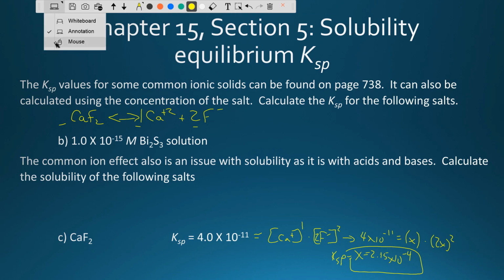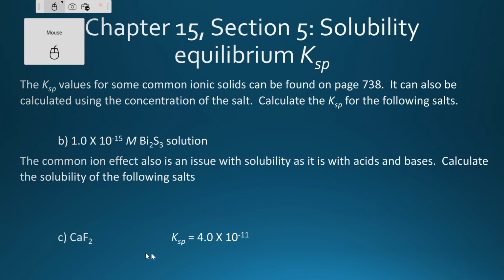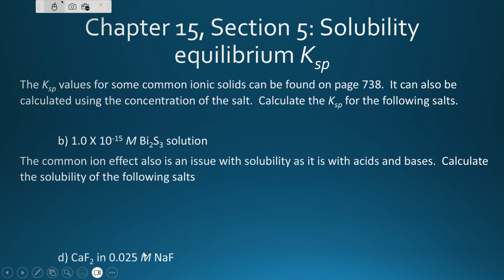Okay, so that's finding it for my calcium fluoride. Now let's do the next step that we did previously. The reason we're doing this is because now you see that 2 will play a factor. We started with the calcium fluoride in the first place. Now notice I'm going to be adding sodium fluoride, but who cares? It's really the fluoride that's going to be added to this process. Let's just go back and remind ourselves what we had.